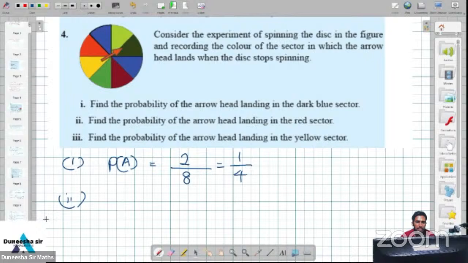Find the probability of the arrowhead landing in the red. What is that? Red? There is one red.